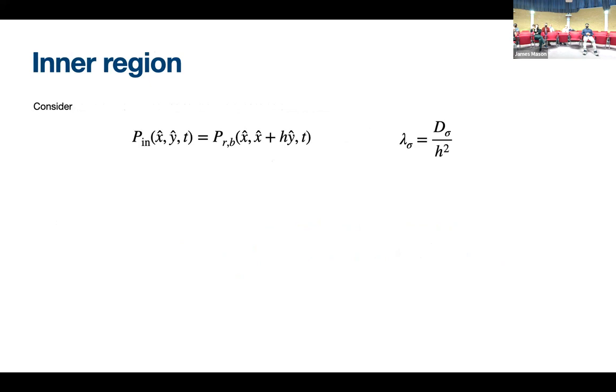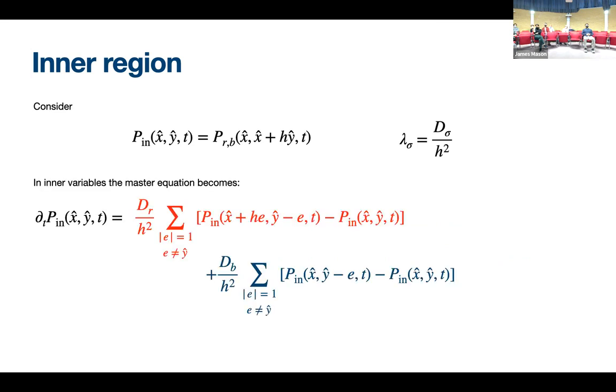So in the inner region, we set up this inner solution. I'm going to just look at the case where lambda is a constant with the h squared, just to make it fit on the slides. Then if we transform the matrix equation with 2 particles into variables, it looks like this.